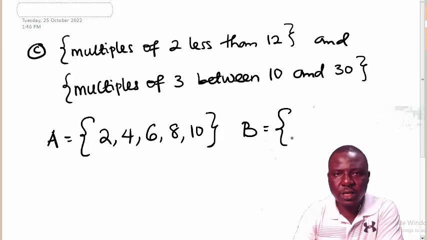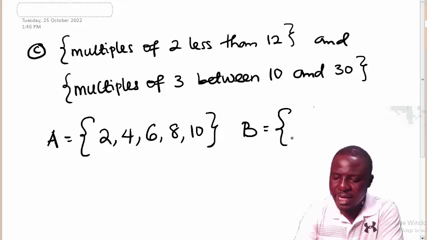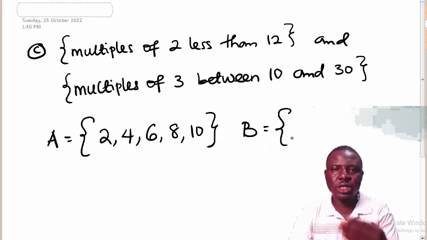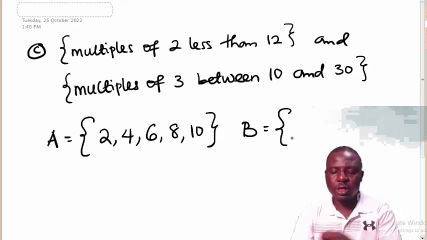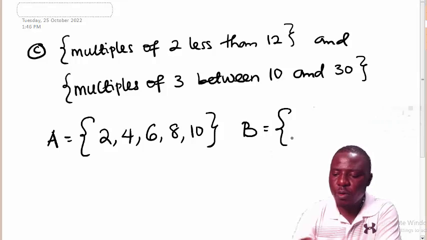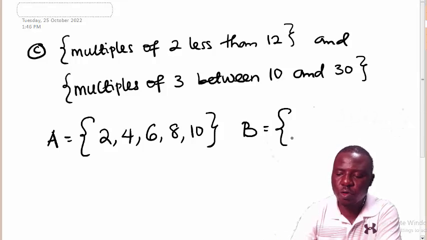Multiples of 3 between 10 and 30. Once you get the first multiple, keep adding 3 to it, and that gives you the sequence of multiples of 3, and you ought to stop at the last multiple before 30.